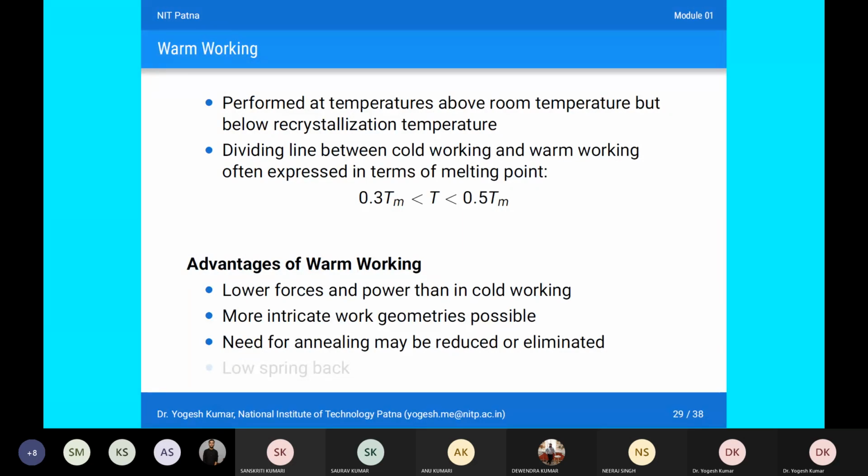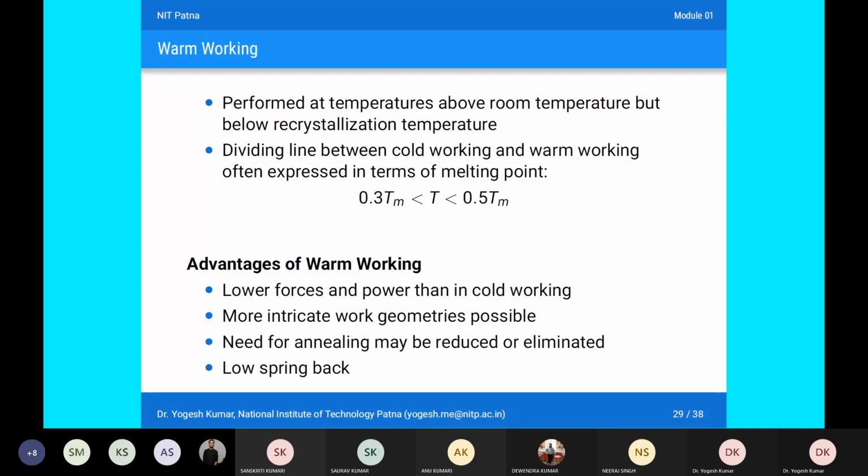But in the case of warm working process, since the material is not getting strain hardened because it is already in the warm condition, the need of annealing is reduced, or sometimes you can say it is almost eliminated.